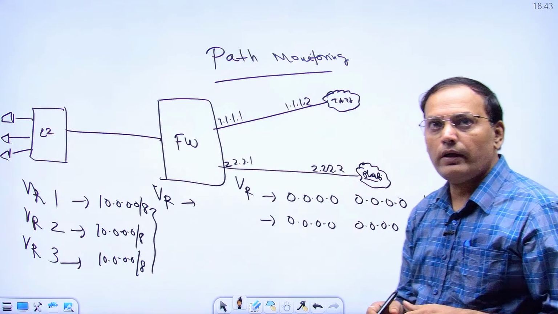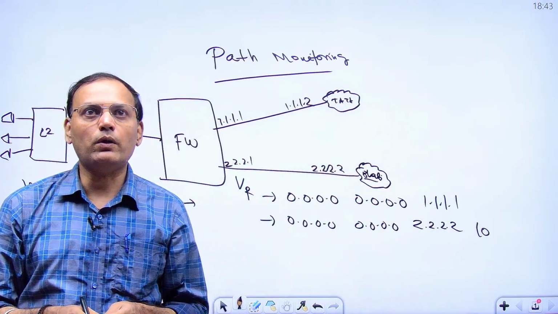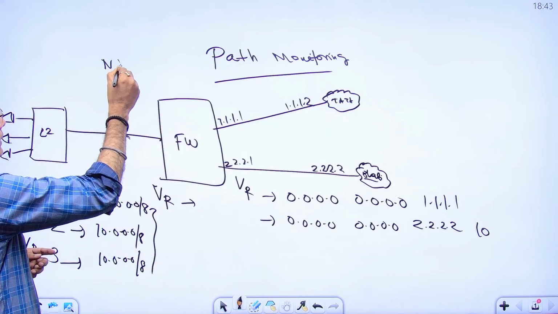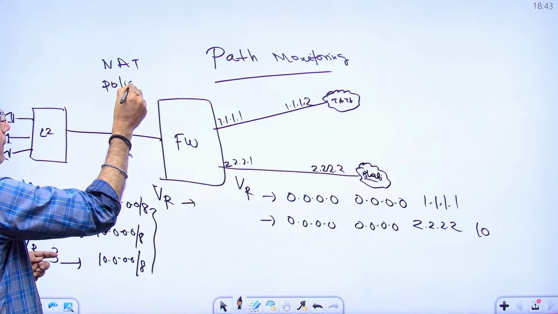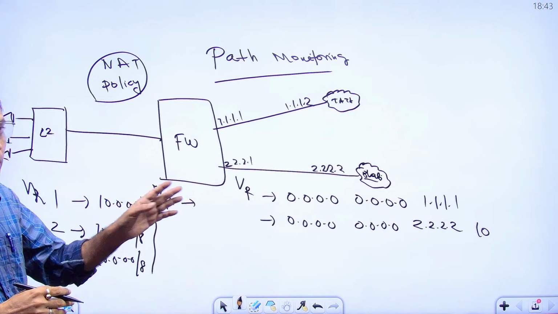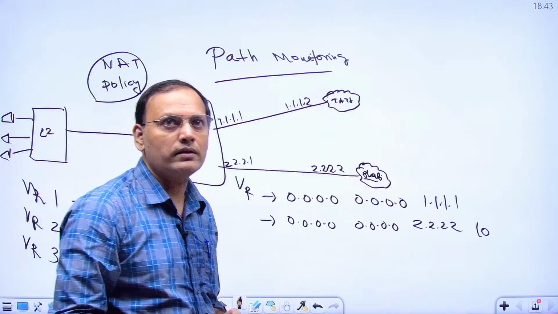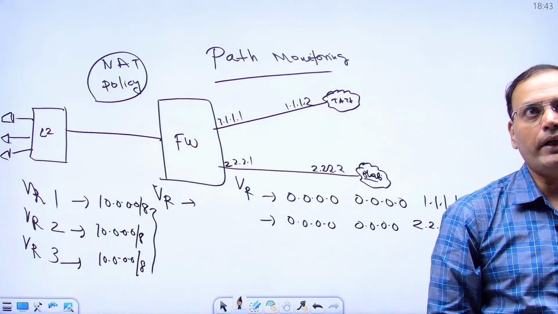In the router I have configured 2 routes, in the firewall also I have configured 2 routes, right? Here the NAT will be different in terms of configuration, and the policy will be different. For that you need to study your security, your firewall. But for basic routing, the concept is the same on router, load balancer, and firewall. Every concept is the same in routing and switching, right?